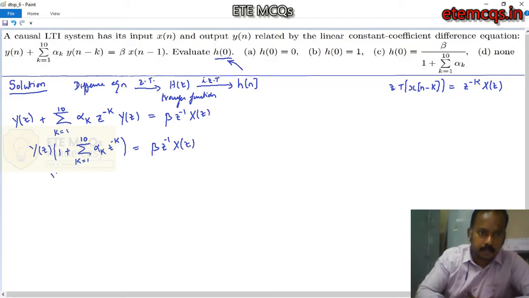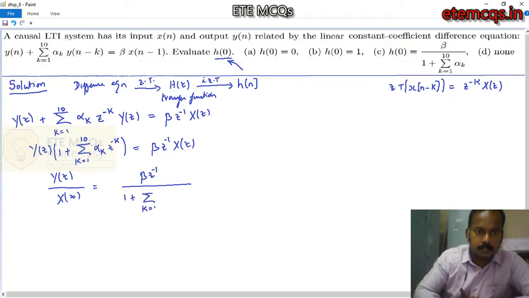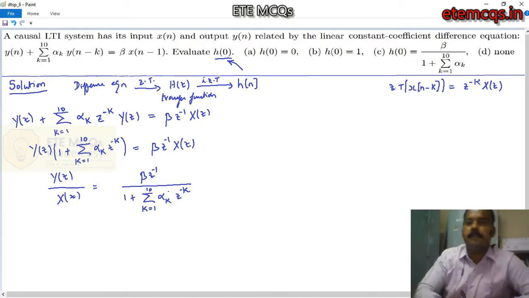Rewriting it, Y of z divided by X of z is equal to beta into z inverse the whole divided by 1 plus summation k is equal to 1 to 10 alpha k into z power minus k.